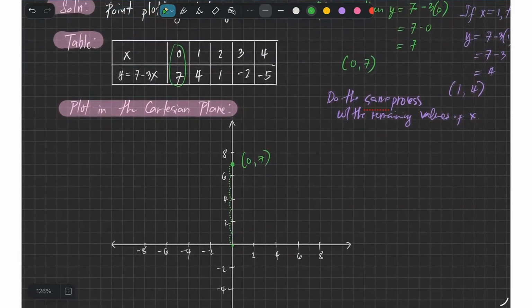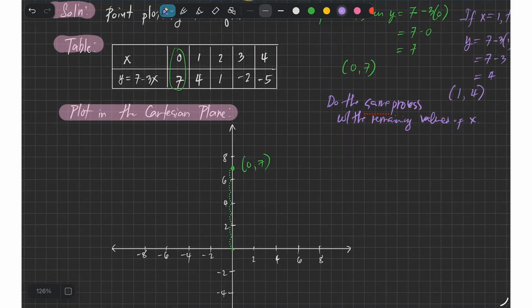Alright. The next value is 1, 4. Sige, if x is 1, okay, so 1 unit to the right, and then 4 units upward. 1, 2, 3, 4. Okay, so this is the next point. And this is 1, 4.